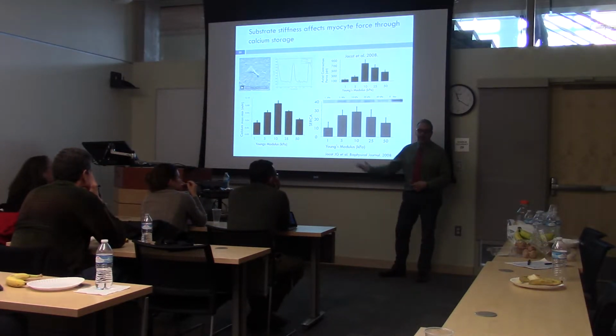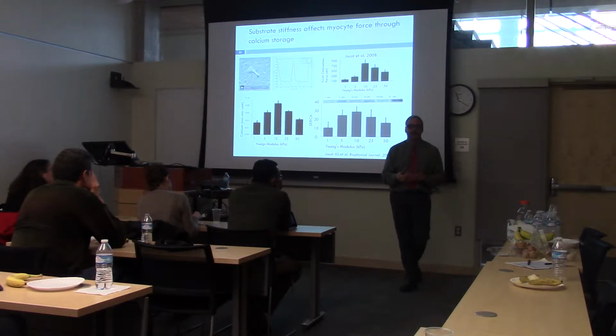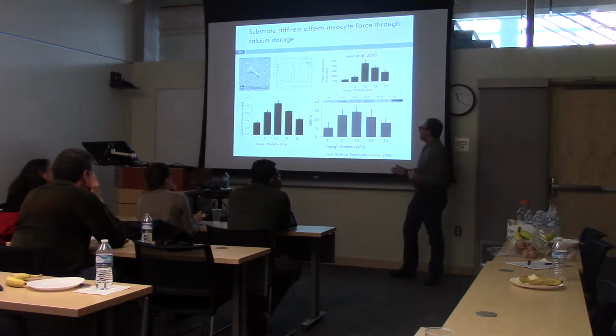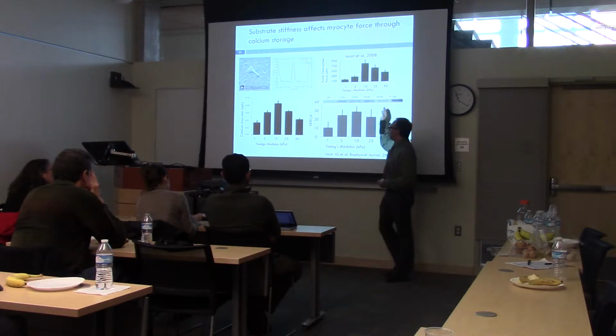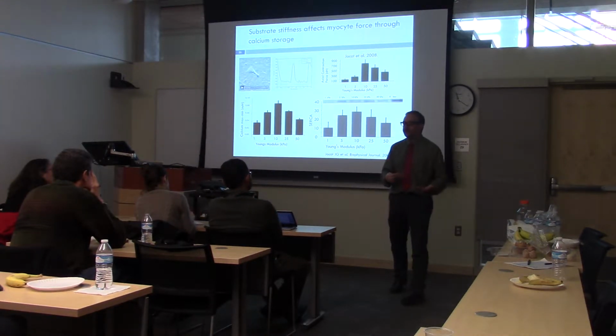We looked at why you have less calcium, and it's because these cells, in very stiff environments, don't have a well-developed sarcoplasmic reticulum. And this is an example of a Western blot for SERCA, which is sarcoendoplasmic reticular calcium ATPase.